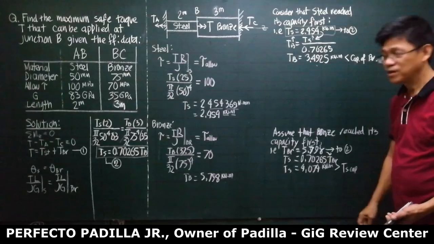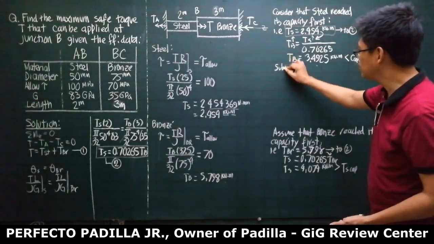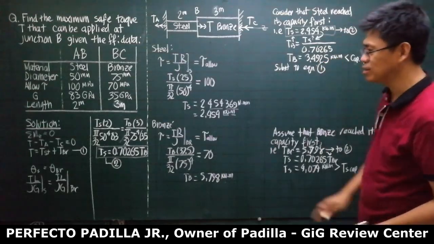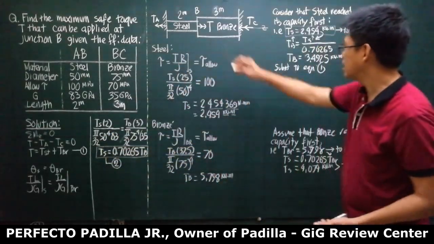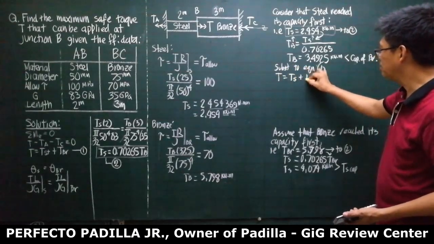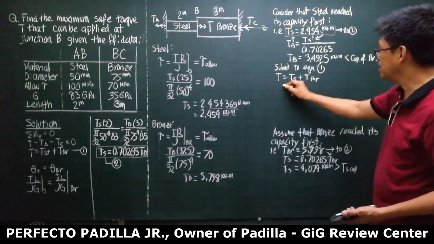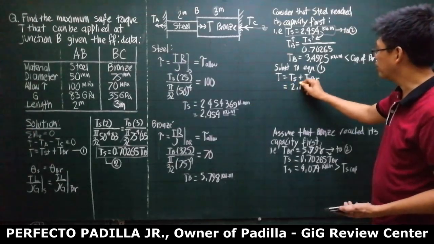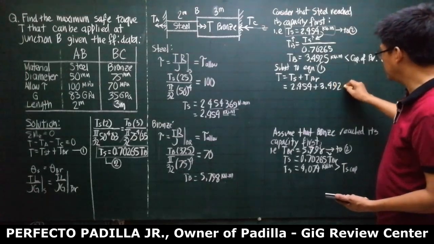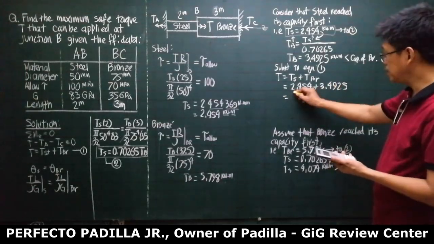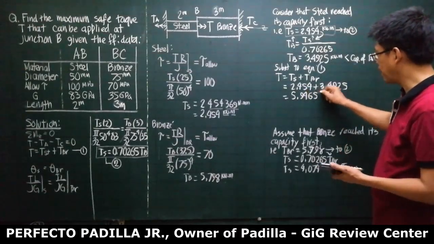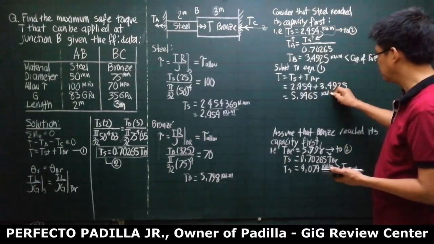Therefore, we just substitute to equation number 1. The torque that can be applied is going to be T in steel plus T in bronze, and this is 2.454 plus 3.4925, which is 5.9465 kilonewton meter.